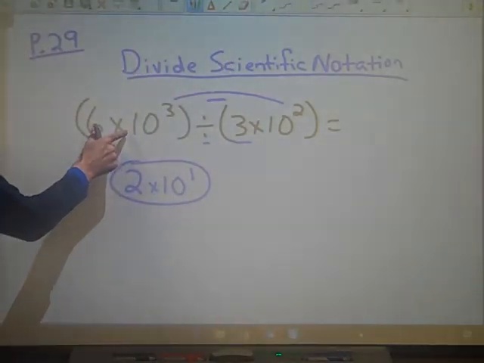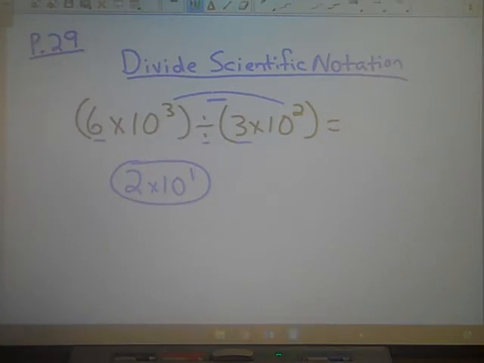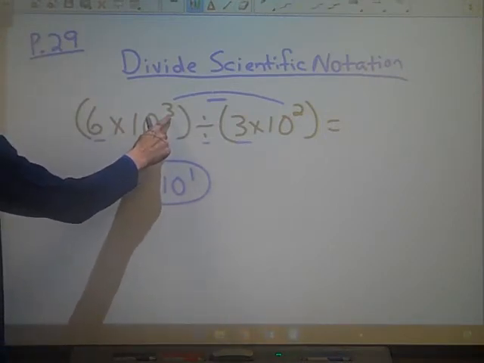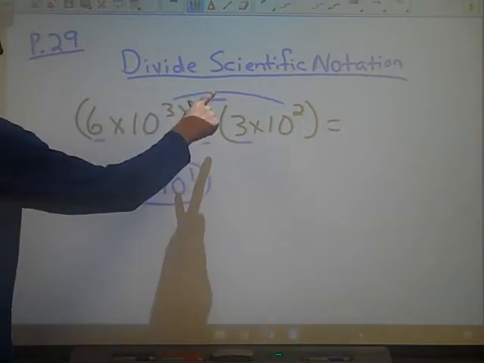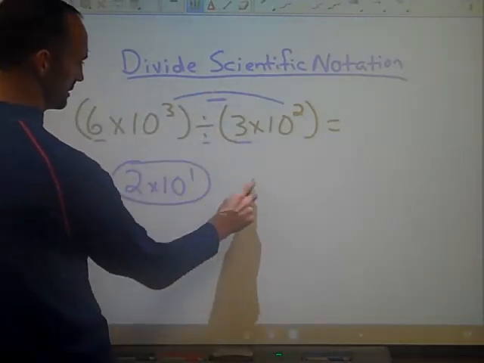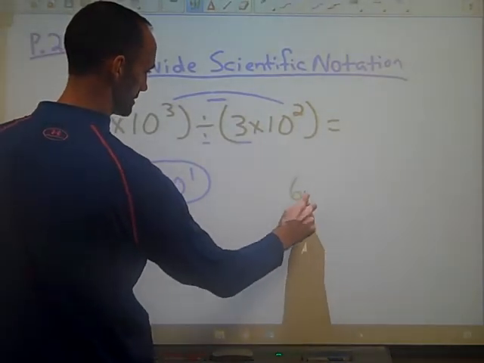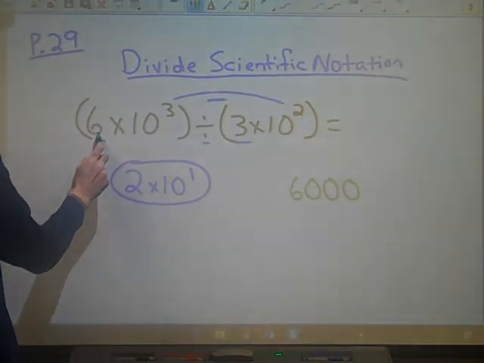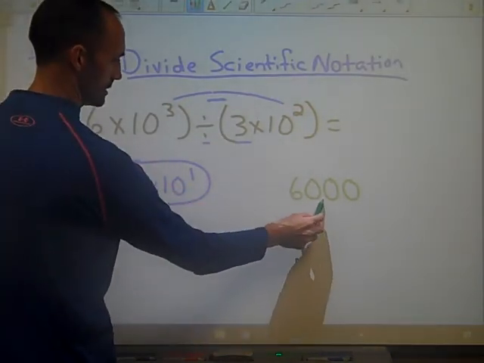Alright, so let's take 6 times 10 to the 3rd. Times 10 to the 3rd, positive 3, the decimal is going to move 3 places to the right. So this is going to be 6,000. We have a 6, 1, 2, 3.